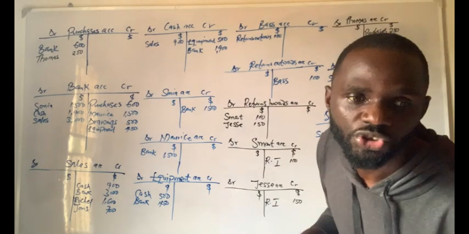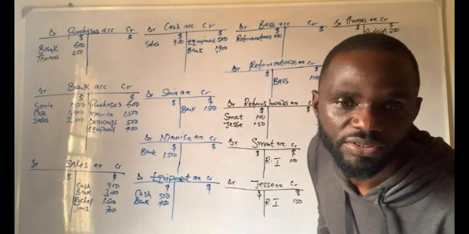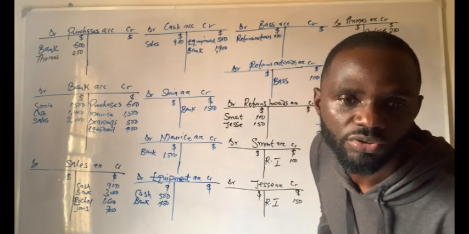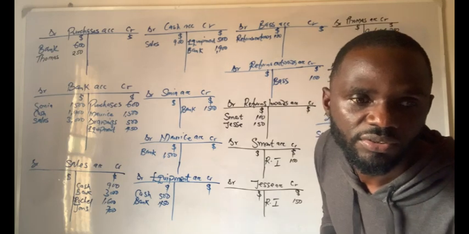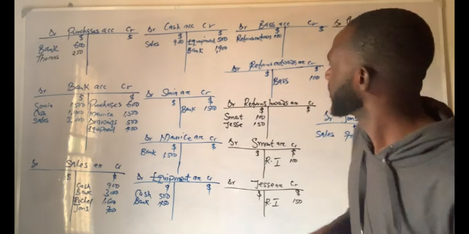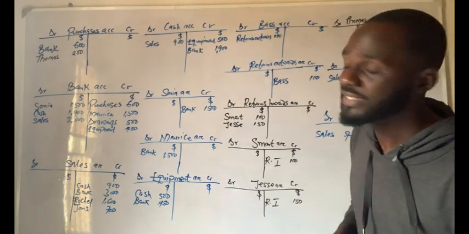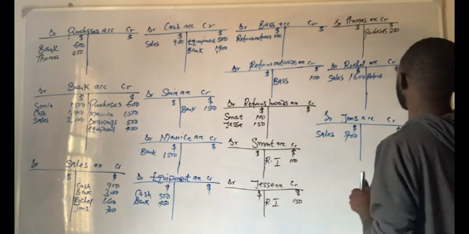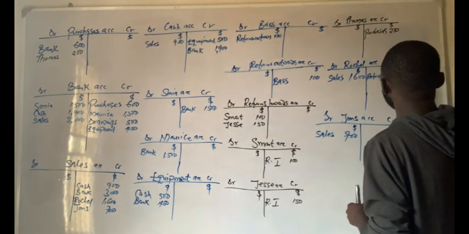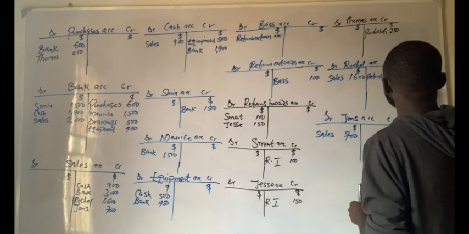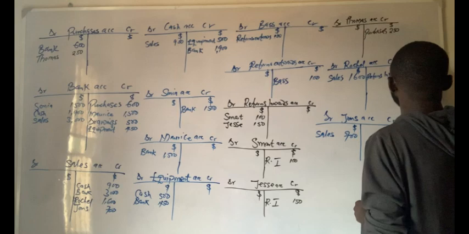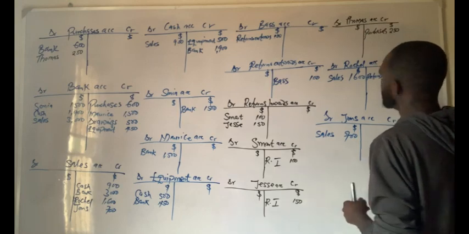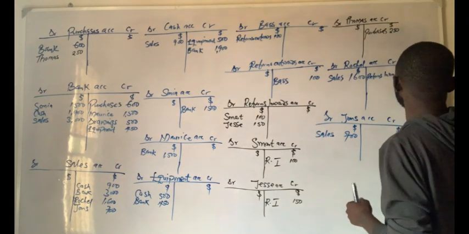And then Rochelle's returns is how much? Rochelle's returns is 700, and that's returns inward. So we have returns inward. Okay. So that would be, we said 700.